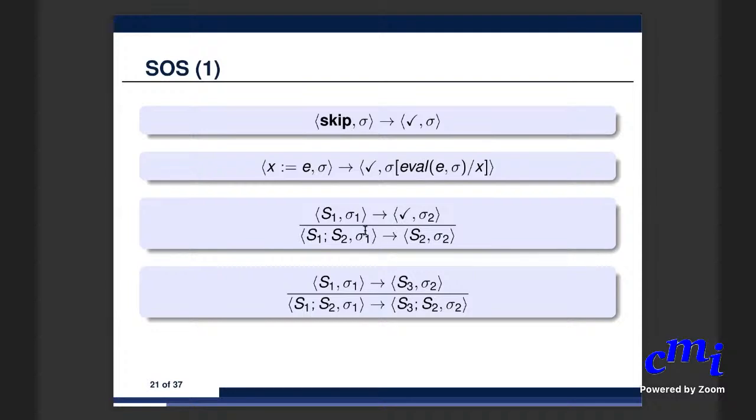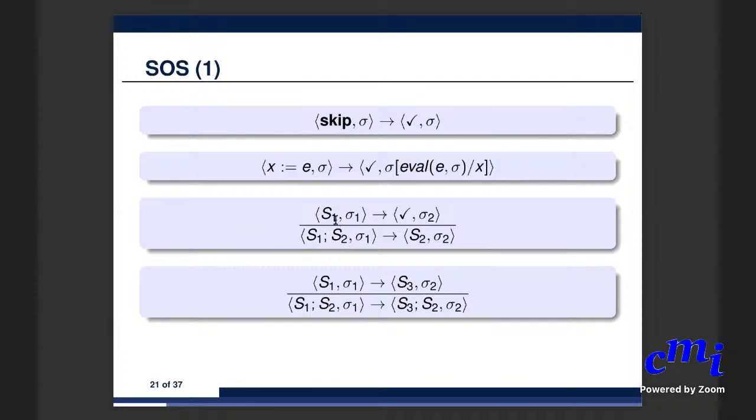Now, starting with the third inference rule, it gets a little more interesting. You are defining programs that are constructed from smaller components. This third inference rule defines the transition when you execute a program that is constructed as a sequence of two subprograms, S1 and S2.